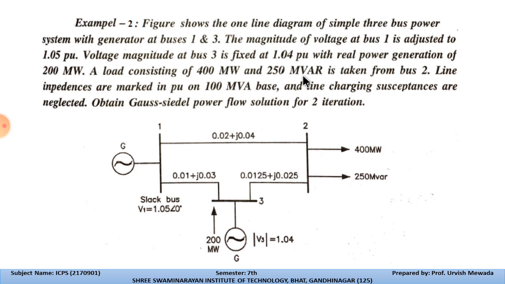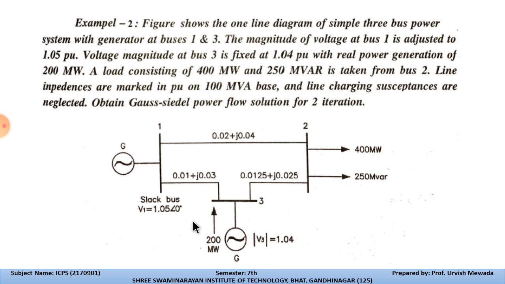And let us discuss the data which is given in example number 2, that is a one line diagram of the power system having generators at bus number 1 and 3. The magnitude of the voltage at bus number 1 is adjusted to 1.05 pu, and at bus number 3 the magnitude of the voltage is fixed at 1.04 pu with real power generation of 200 megawatt.